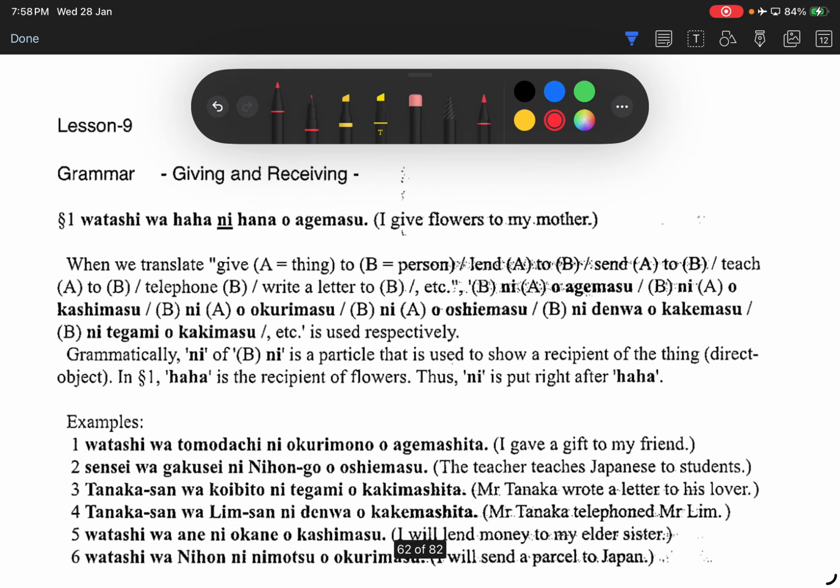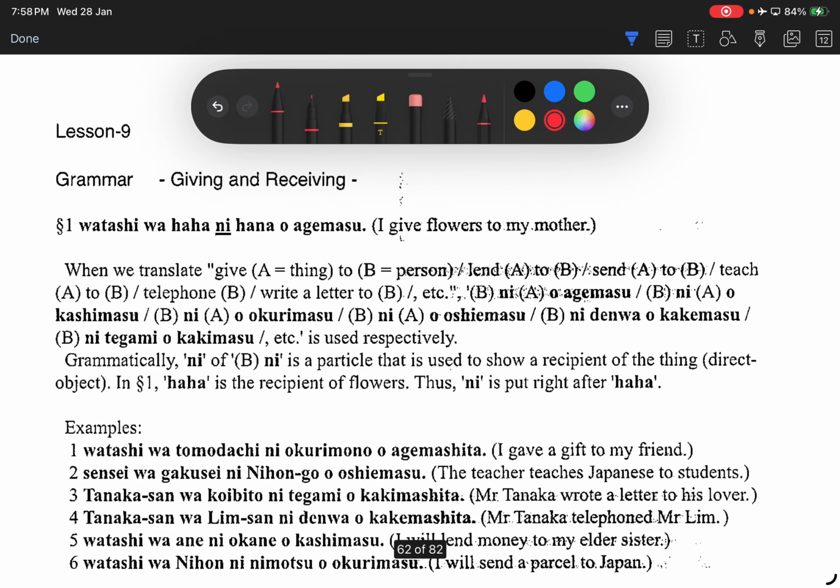Okay, so let's look at the first part of lesson 9. 私は母に花をあげます。So this sentence is about me. For now we cover the word 母に. Imagine it doesn't exist. So you read the sentence again. 私は花をあげます。That means I give flower.